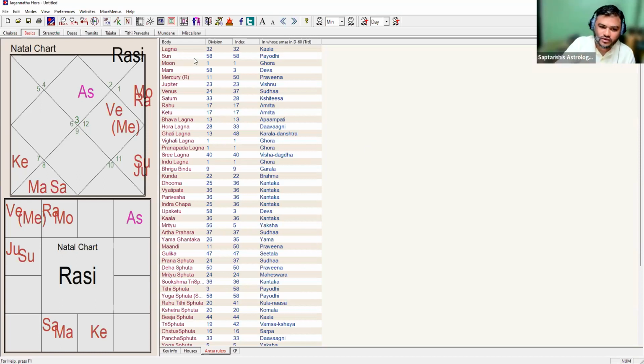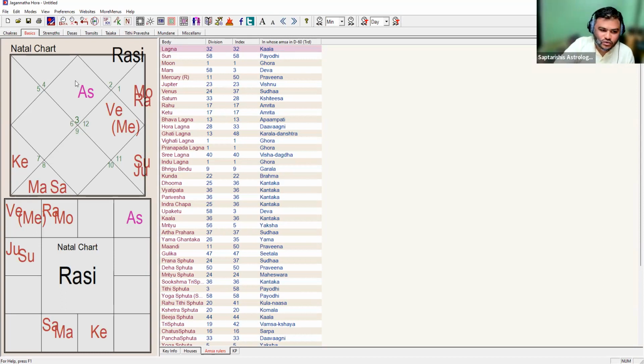Here you can see Lagna is in Kala Amsha. Now what is the meaning of Kala? You should have a complete understanding of that, then only can you use D60 in a complete manner.